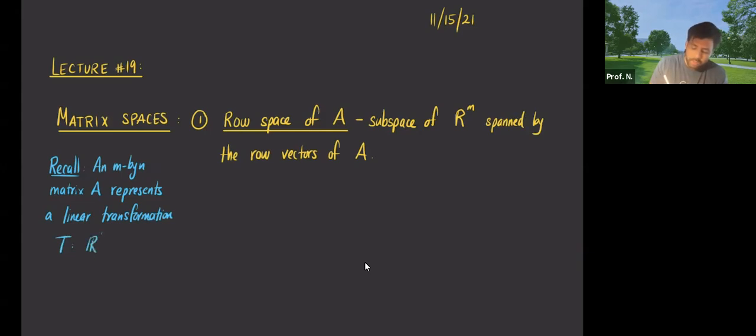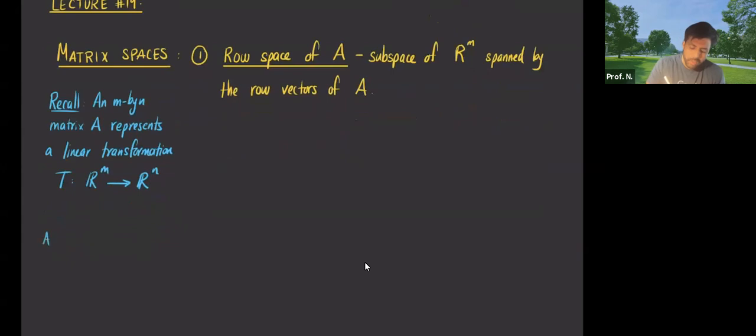That goes from Rm to Rn. And so that's why we have this matrix A. When we go from Rm to Rn using a linear transformation, then we can create a matrix A. This is a11, a12 all the way to a1n, a21, a22 all the way to a2n. This goes all the way to am1, am2 all the way to amn.